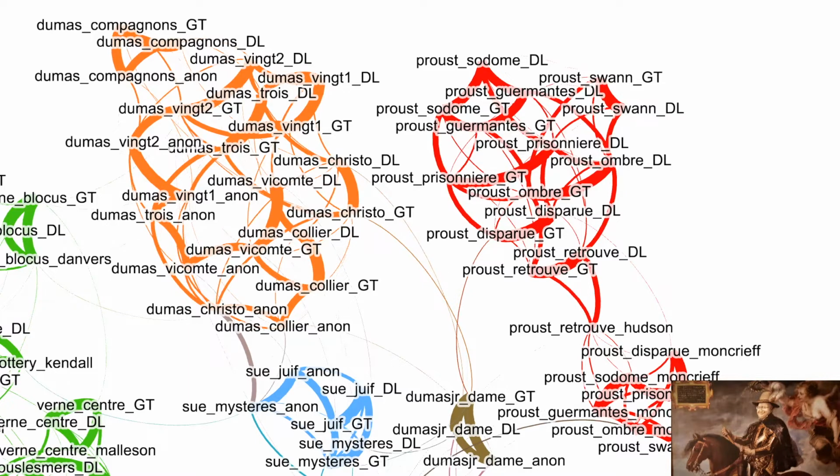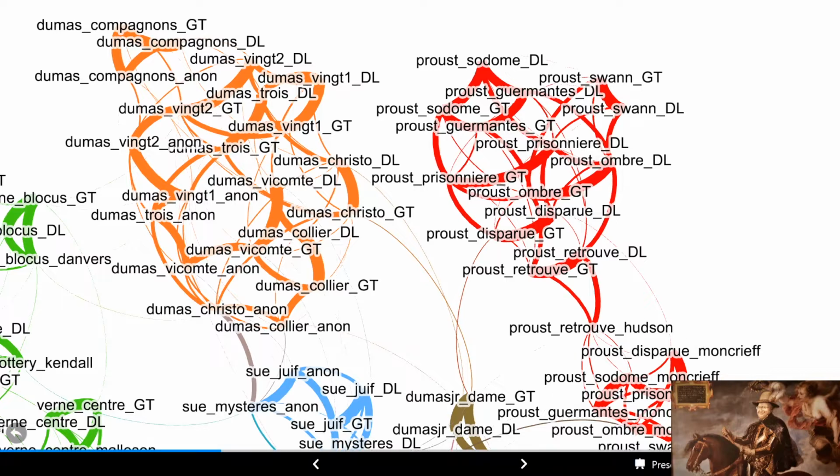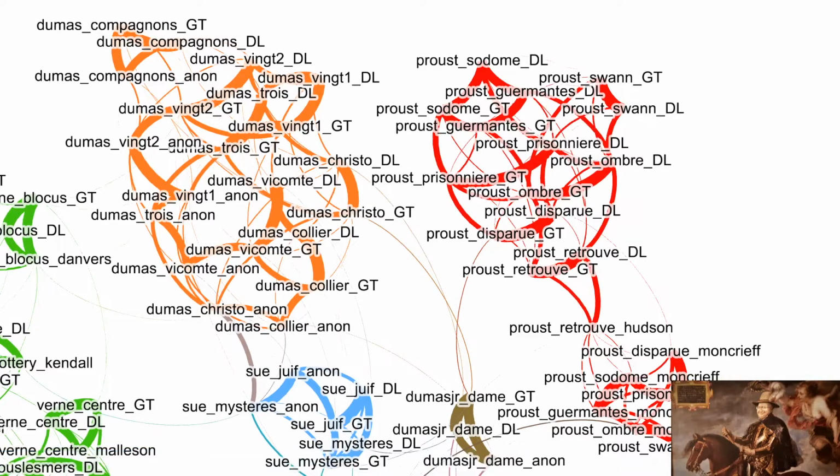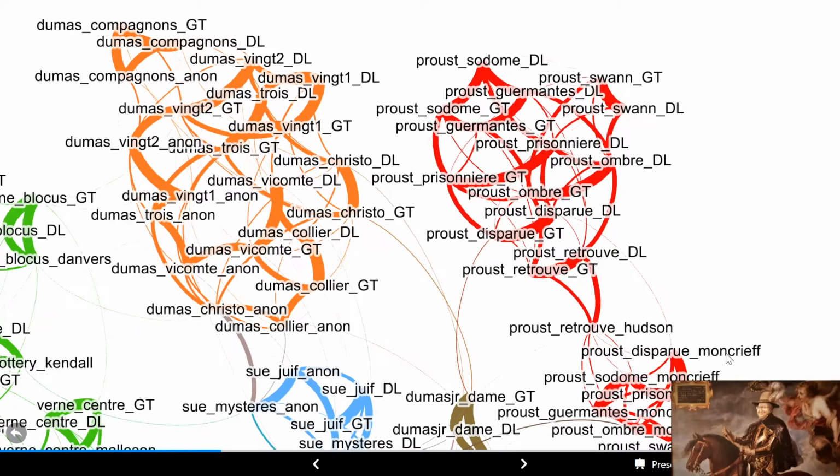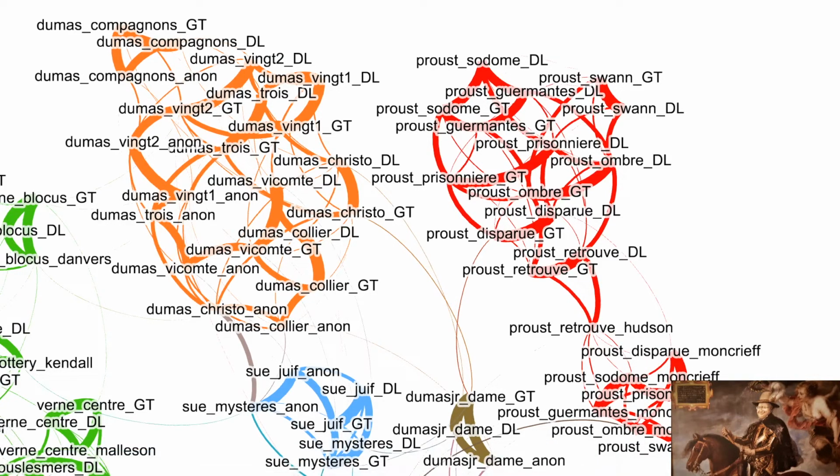As you can see, when compared to, say, Dumas, where the man-made translations are mixed together with DeepL and Google Translate, here machine translations are at some distance, form a different community, a slightly separated sub-community, perhaps I should call it, from the other sub-community of man-made translations. See, most of that is by one translator, by Moncrieff, which might be a factor here too.